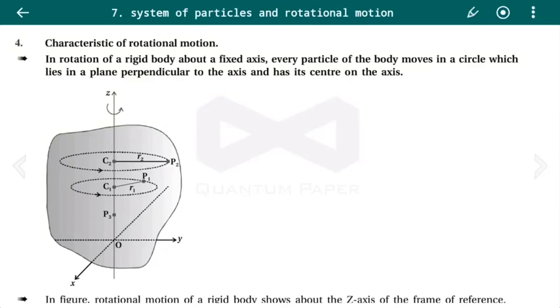Now let us see the characteristics of rotational motion. In rotation of a rigid body about a fixed axis, every particle of the body moves in a circle which lies in a plane perpendicular to the axis and has its center on the axis.